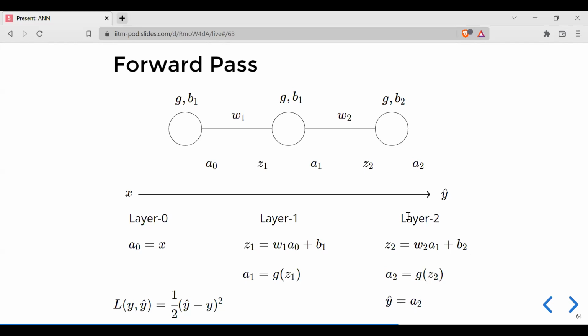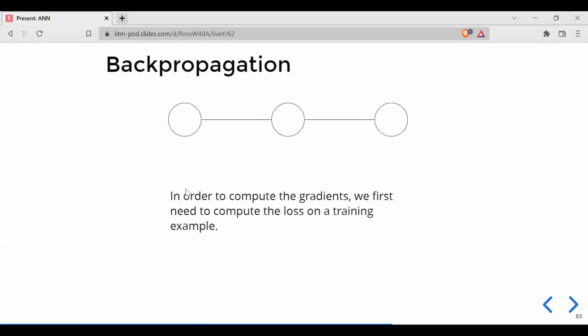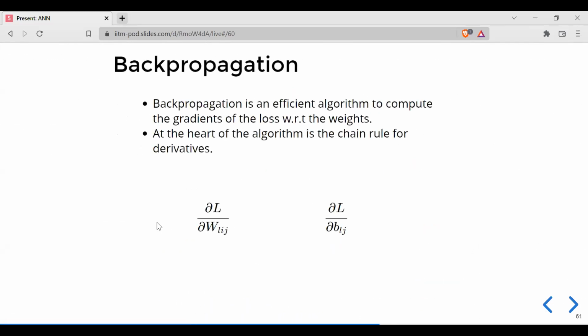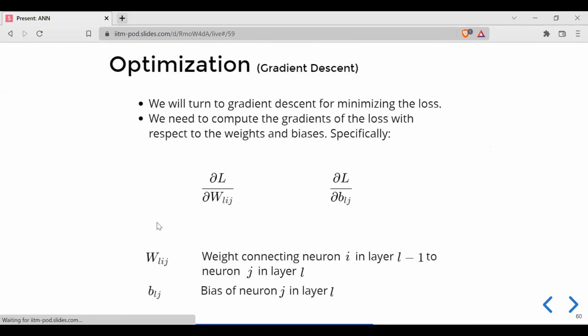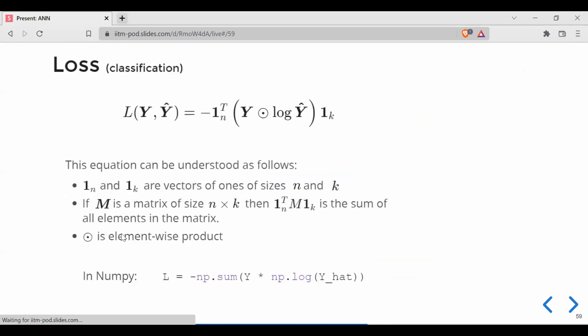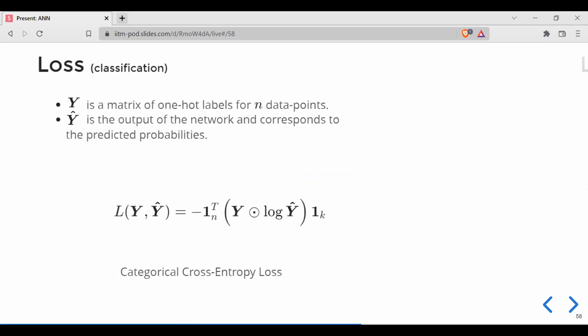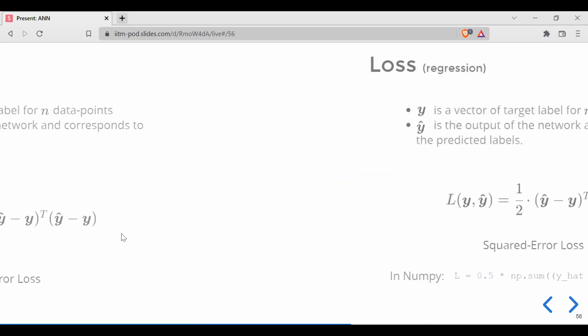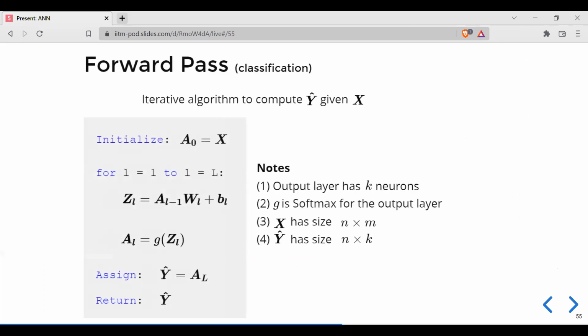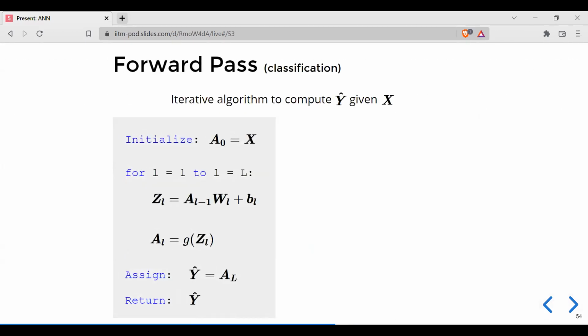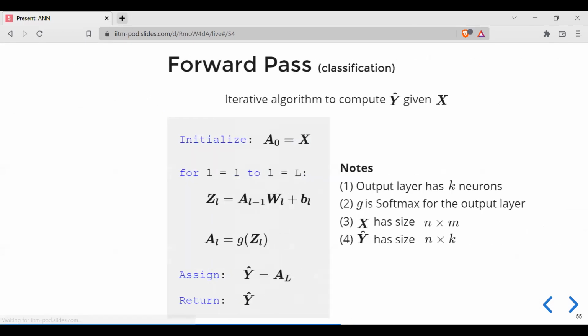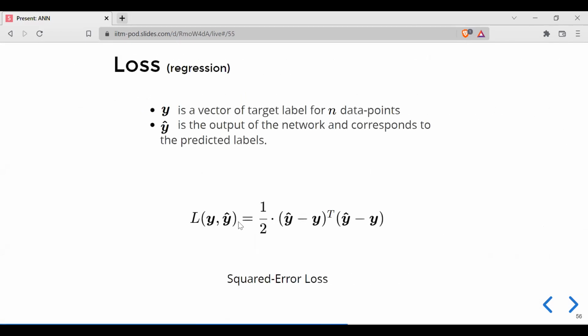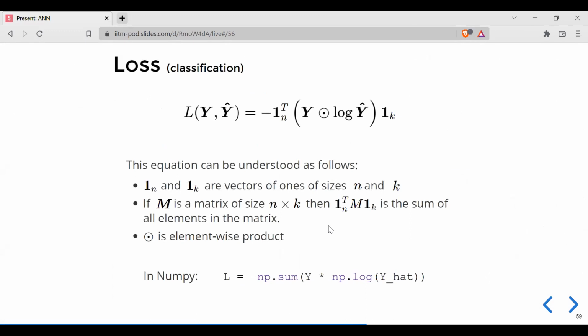A2 is the weighted sum which passes through the activation function.